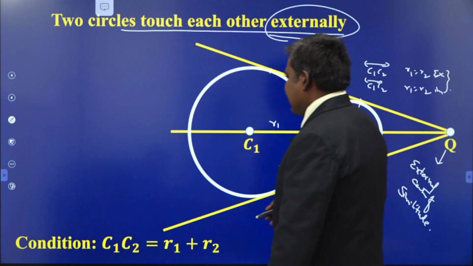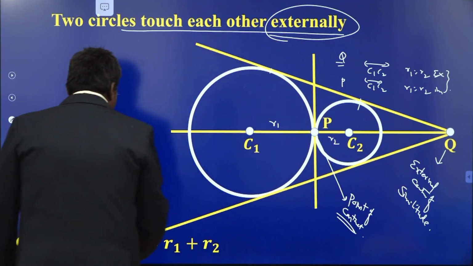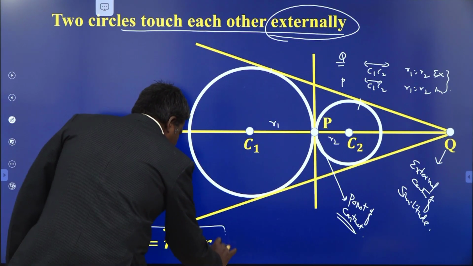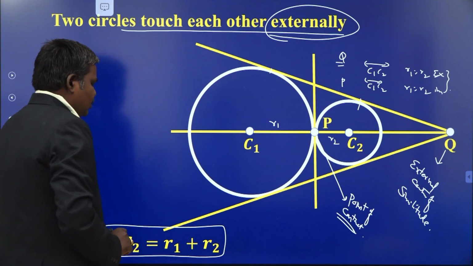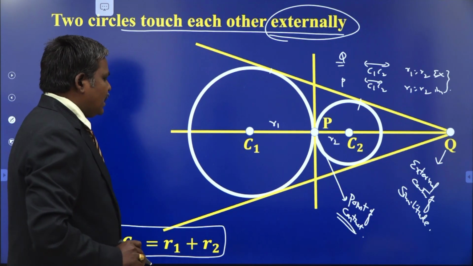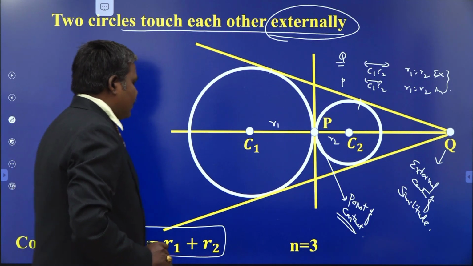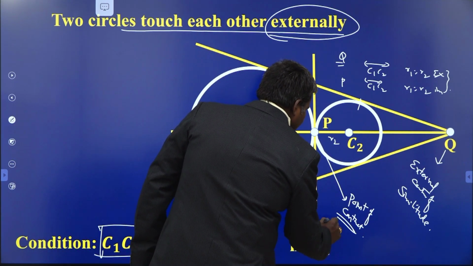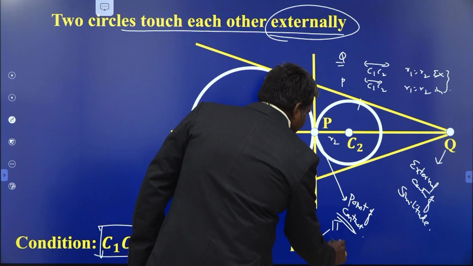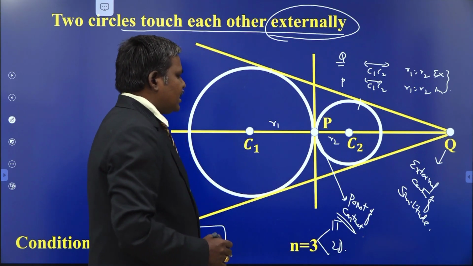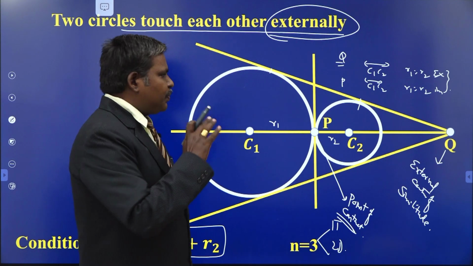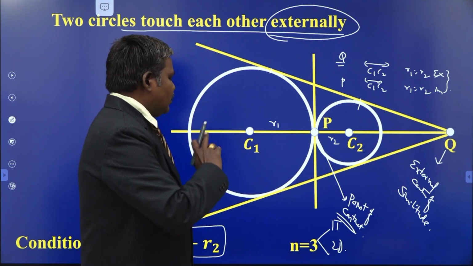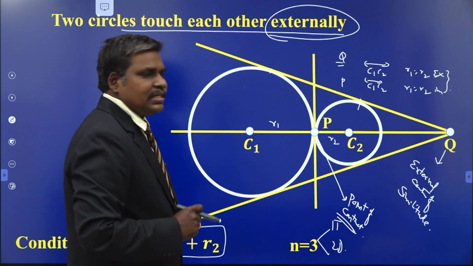Here the condition is C1C2 equals R1 plus R2. And the number of common tangents is 3, in which one is the transverse common tangent and 2 are direct common tangents. So the main difference between the previous and this section is one transverse common tangent less here.